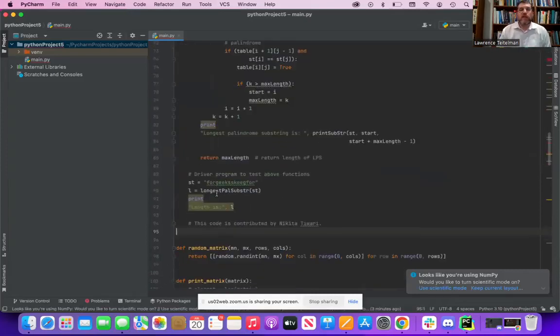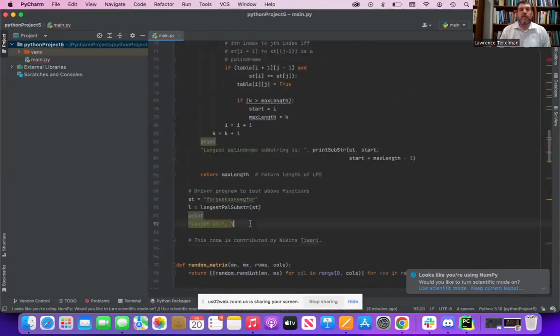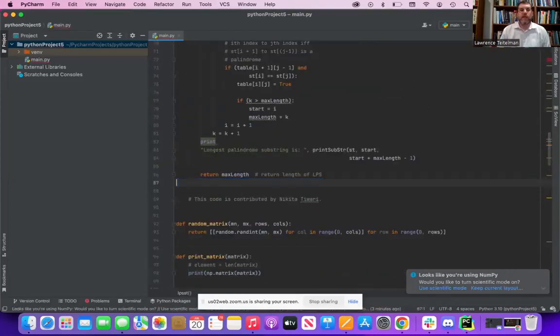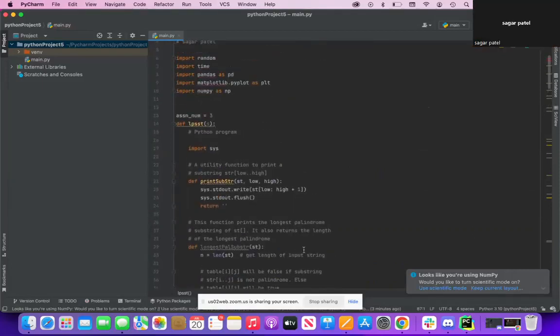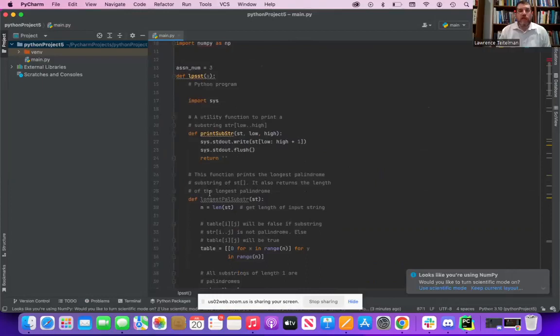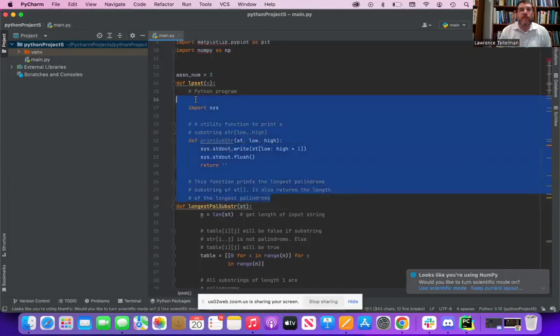Okay, so now get rid of the garbage from it. Basically you can get rid of that import. Yeah, all the way up. Just delete the garbage, from line 29 up.